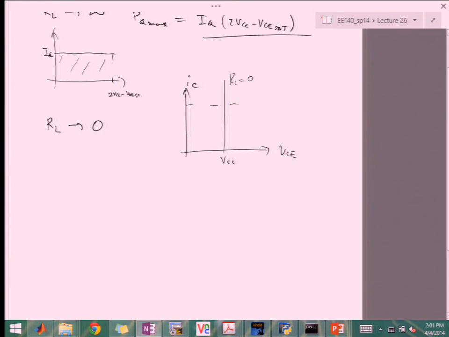Okay, but in practice, IC max will be limited by the base current that the driver stage can supply, because the driver stage still needs to pump some current into the base of Q1. Plus, if the IC becomes very big and the transistor very hot, beta F has this type of profile with temperature.